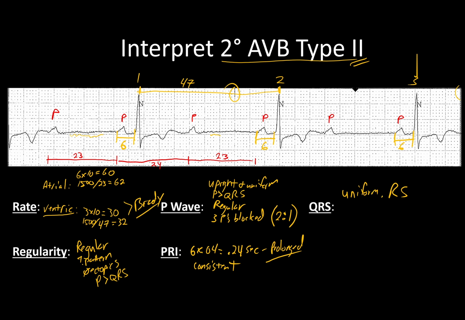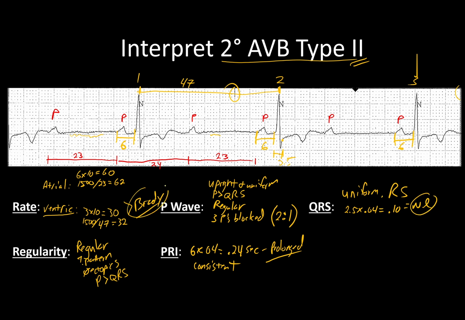Uniform QRS pattern. If we measure these out, we can say from here, my J 1, 2.5, 2.5, which is normal as well. So at that point, we can say that we have normal QRS.